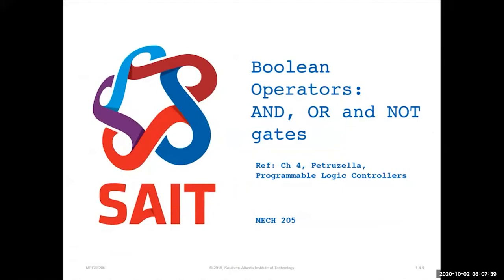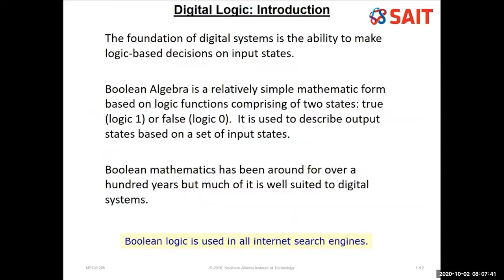So logic. The foundations of this give us the ability to make logic-based decisions based on the data available. Okay, Boolean algebra is a relatively simple mathematics form based on having just 2 states, trues and falses, or highs and lows, or zeros and ones.